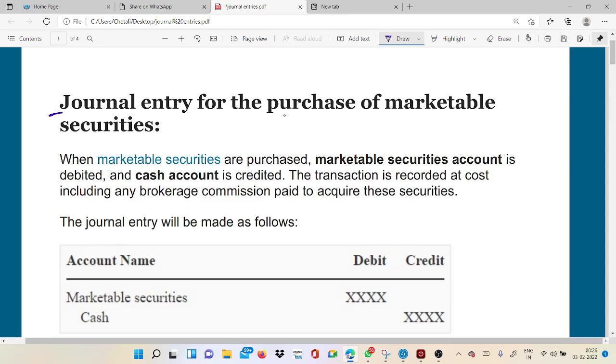So, the journal entry for the purchase of marketable securities. When marketable securities are purchased, the marketable securities account is debited and cash is credited, and the transaction is recorded at cost, including any brokerage commission paid to acquire these securities.